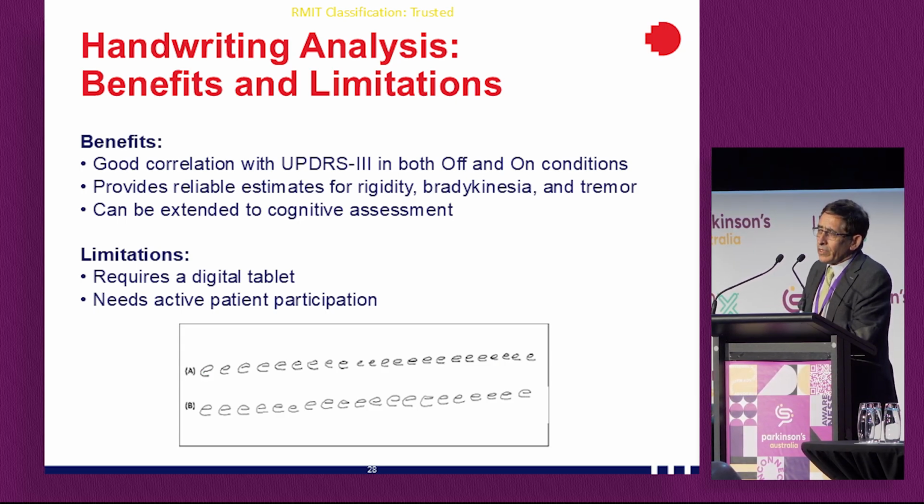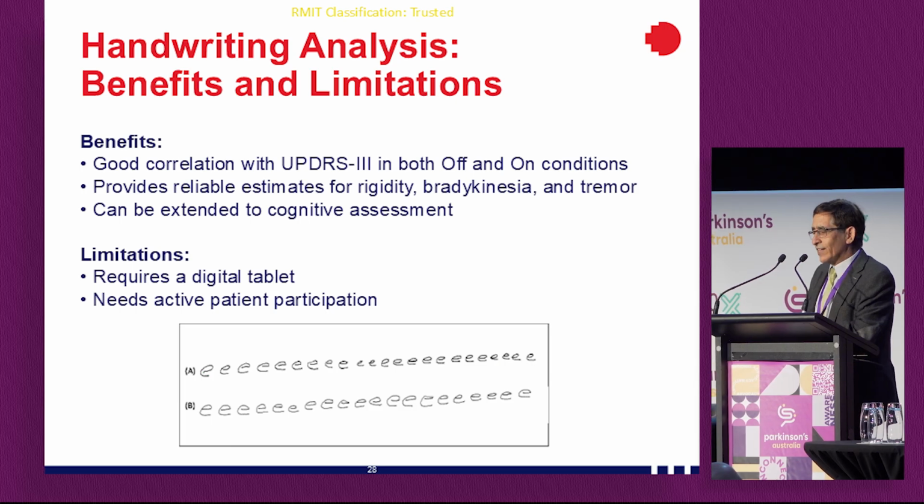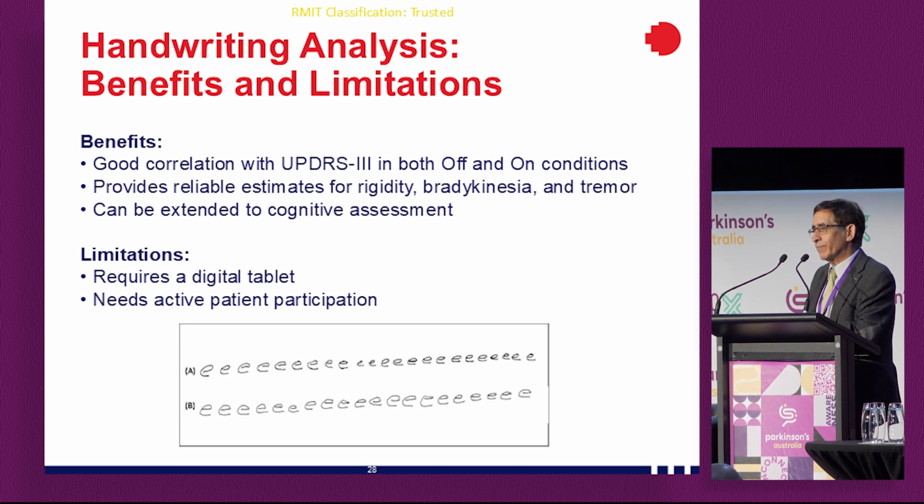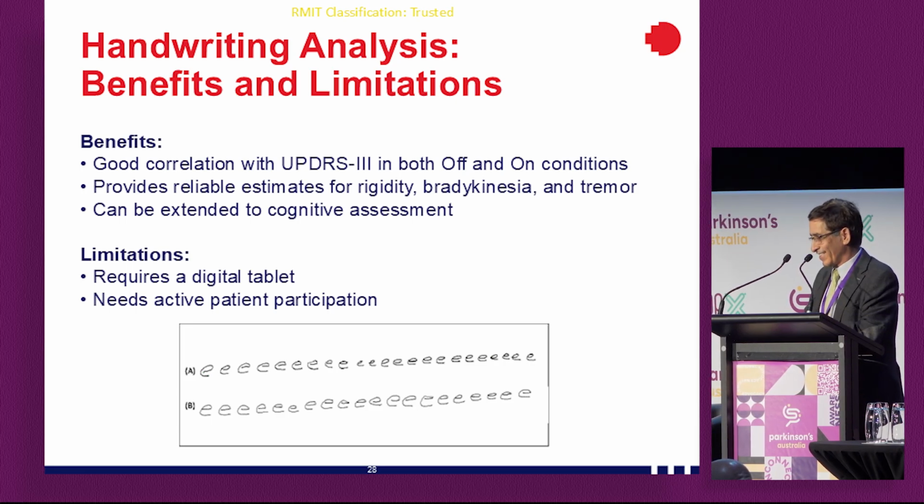At one time, which we've stopped now, we were looking at whether we can also test people even if the patient does not want to participate, but we stopped that because we learned later that it was not according to the ethics.